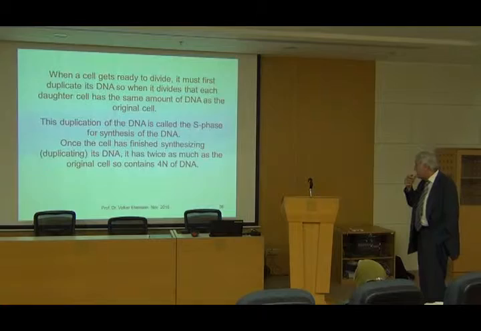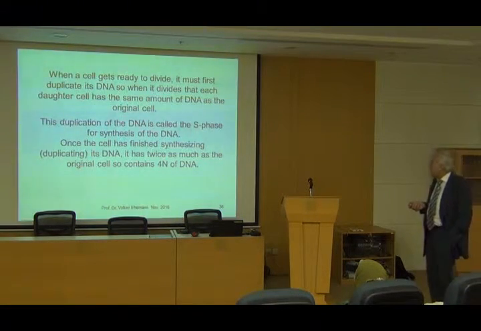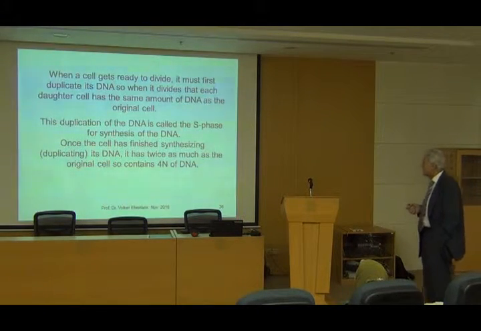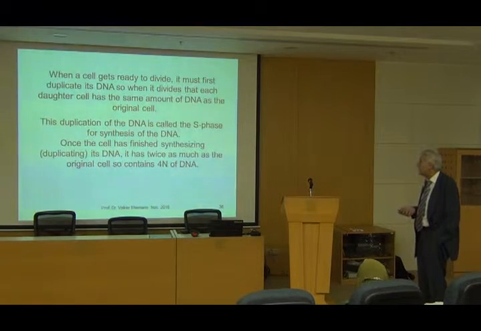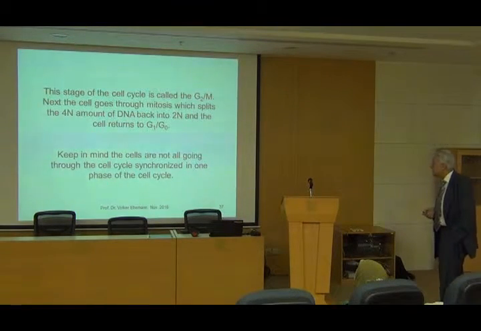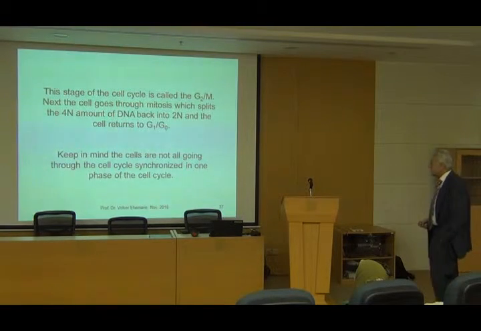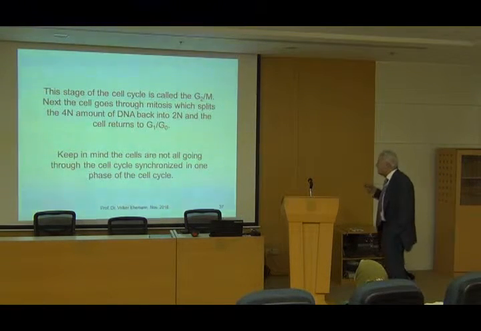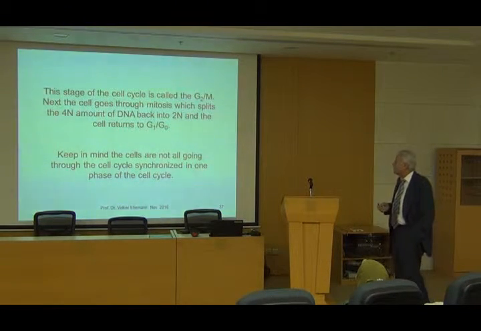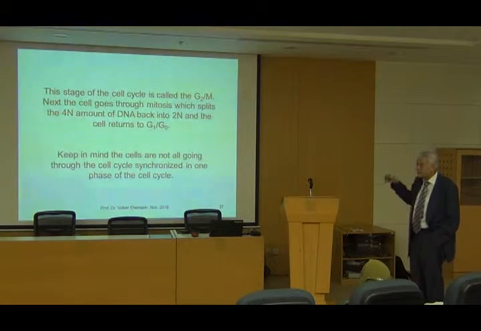Once the cell has finished synthesizing its DNA, it has twice as much as the original cell, so it contains 4n of DNA. This stage of the cell cycle is called the G2M phase. Next, the cell goes through mitosis, which splits the 4n amount of DNA back into 2n, and the cells return to the G1 phase.